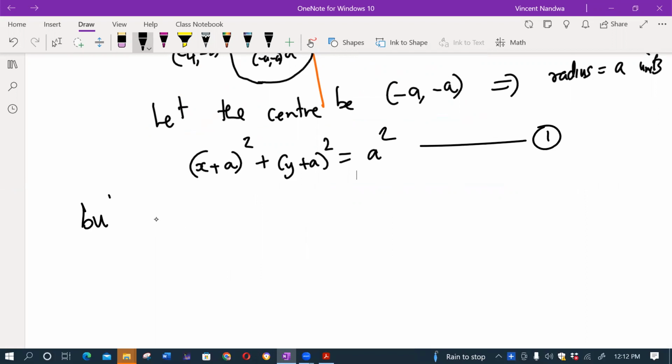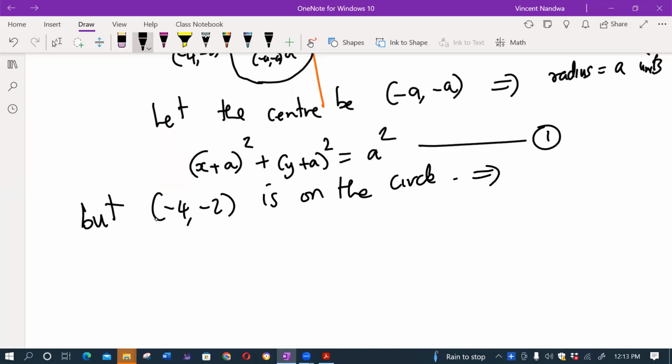But the point (-4, -2) is on the circle. So (-4 + A) squared plus (-2 + A) squared equals A squared.